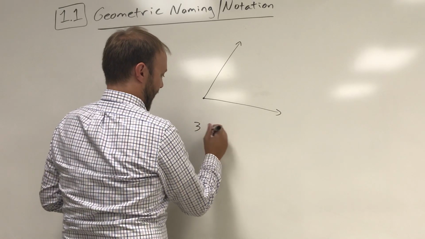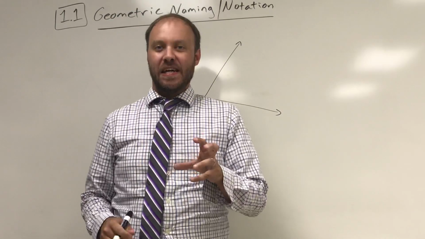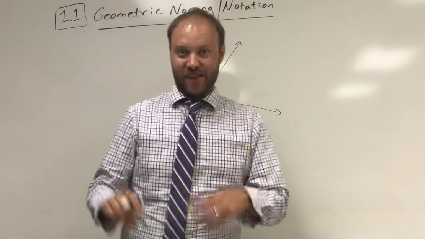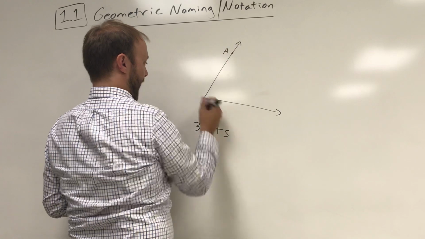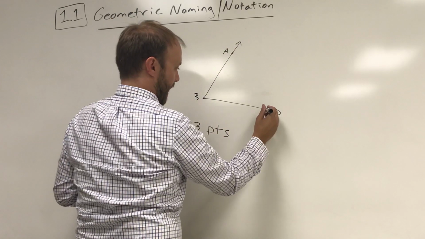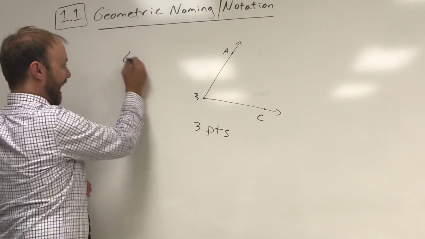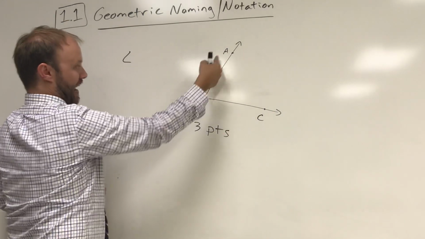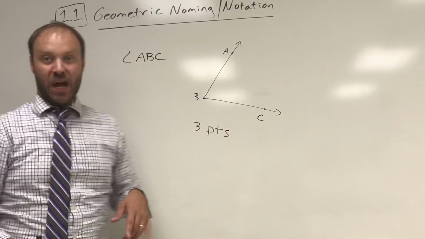And specifically, the middle point needs to be where the 2 rays come together, which is called the vertex. So for example, maybe I could call this point A, this is point B, and this is point C. So I could call this angle ABC. I move from A to B to C. That would be one way to name this.